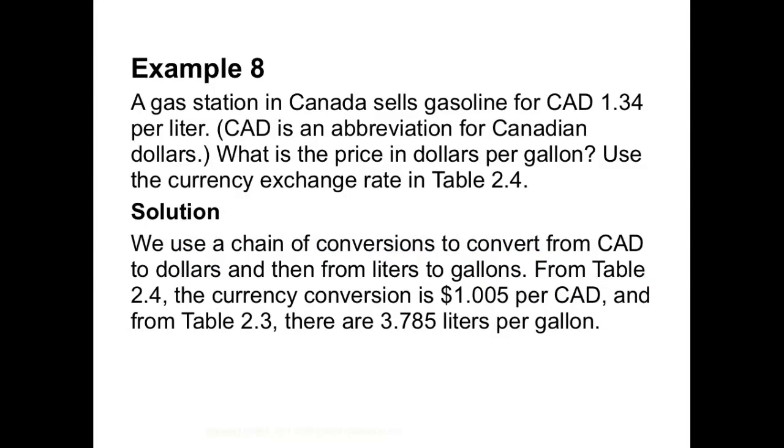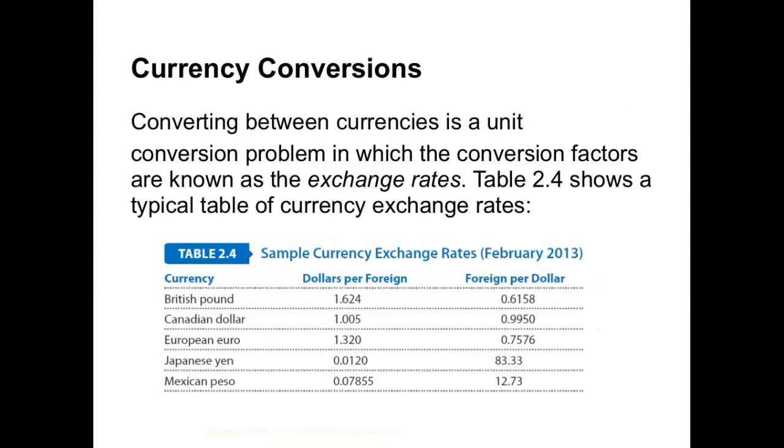All right, the last thing I'm going to do is let's do a currency conversion problem real quick. So these are some exchange rates. These are from way back in 2013. So they're probably not the same right now, but just for the sake of our numbers coming out the same, we'll use this table and use these conversion rates throughout the rest of this unit and on the exam.